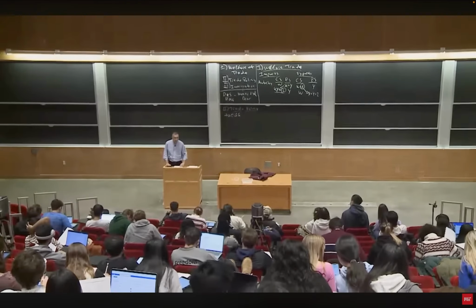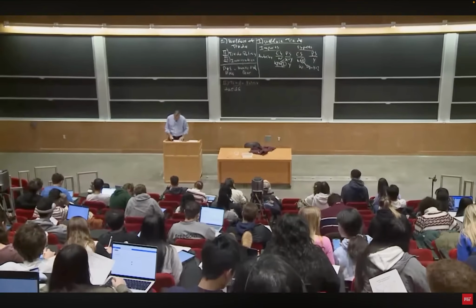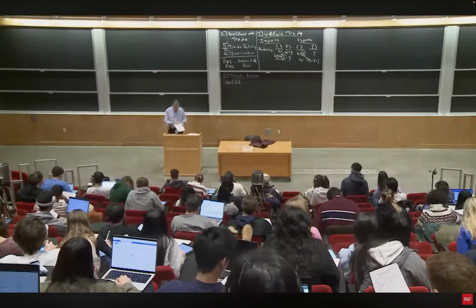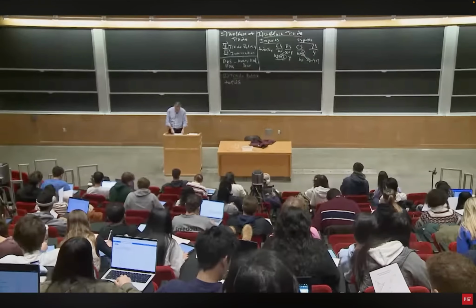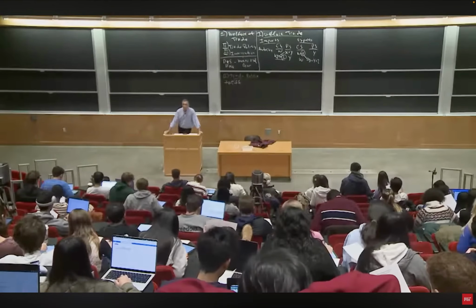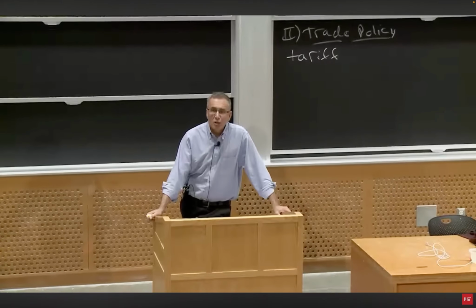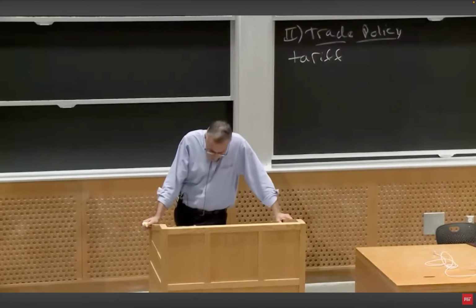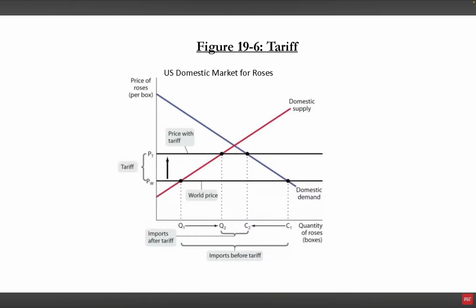Okay. Now, let's take that and look at the welfare analysis of tariffs. Now we're going to compare a world with free trade to a world with a tariff. With free trade, we are at Q1 and C1.